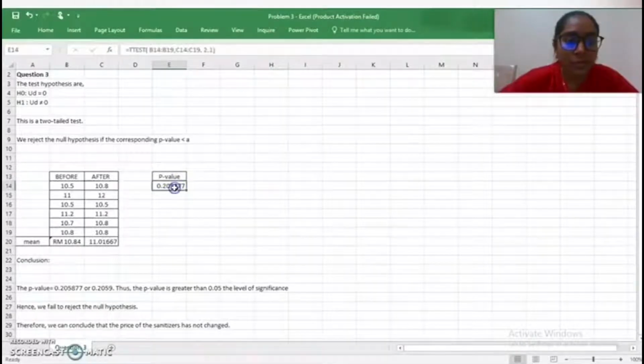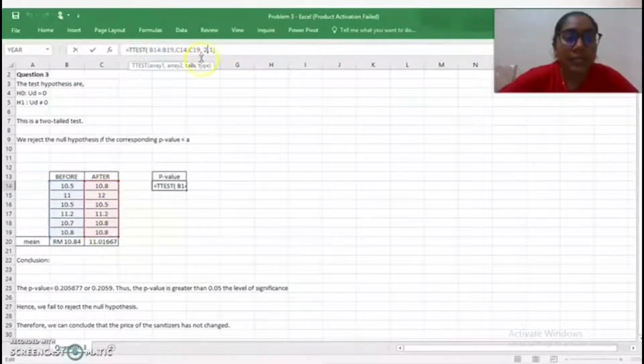So you can click here. I already did that. We will type equals T.TEST. We will have array 1 from column 1, and array 2 from column 2.